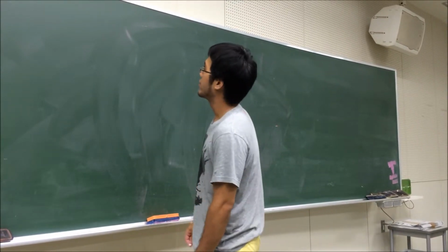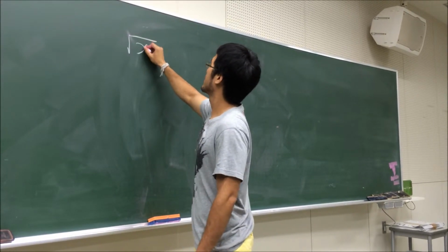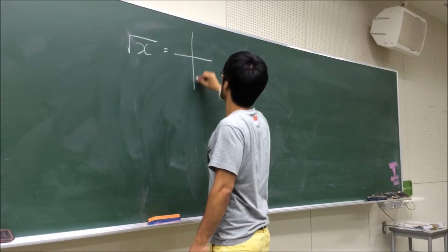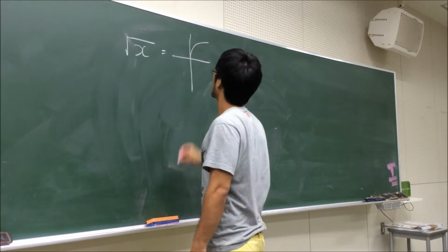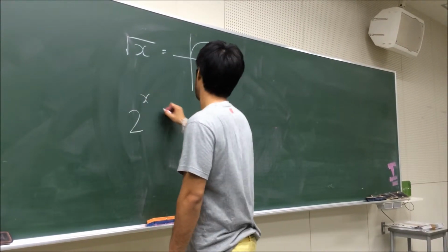Right, moving on to the function. The shape of this function will look like this. On the other hand, the shape of this will look like this.